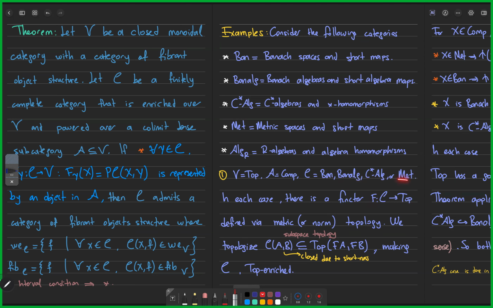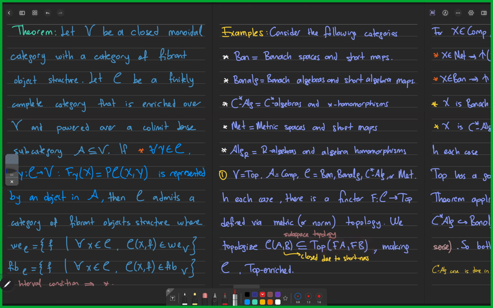But anyway, we can topologize the hom-set C(A,B) in each case by the subspace topology of the compact open topology between FA and FB.